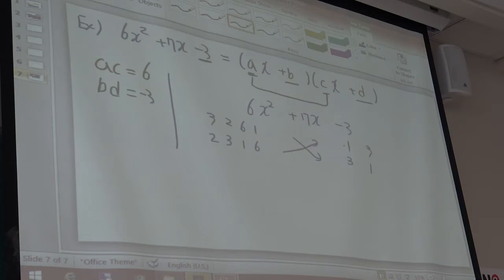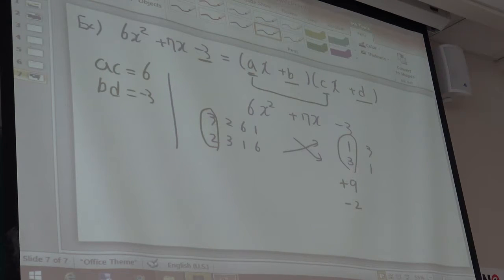And 3/2 and 1/3. Is it possible to get 7 with 3/2 and 1/3? 3 times the 3 is a 9. 2 times 1 is a 2. Now if this is a plus and this is a minus, then we can get plus 7.